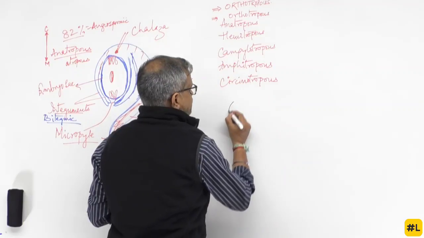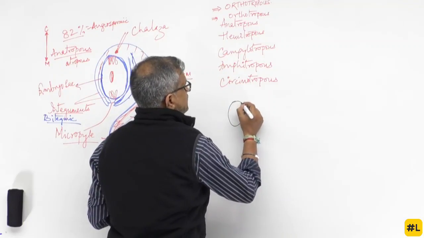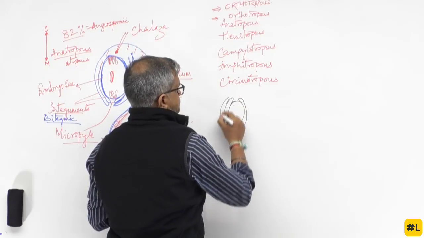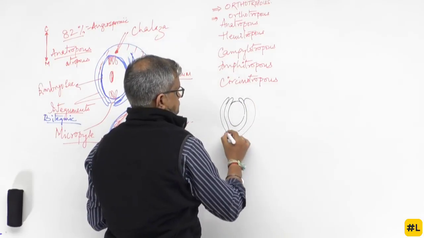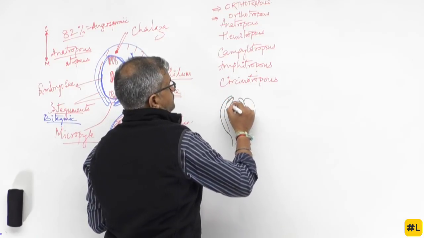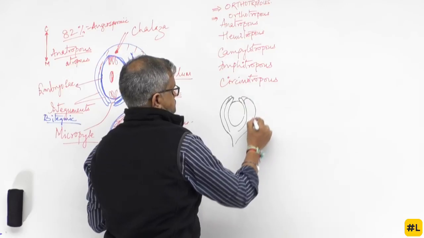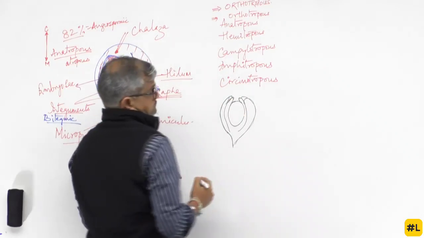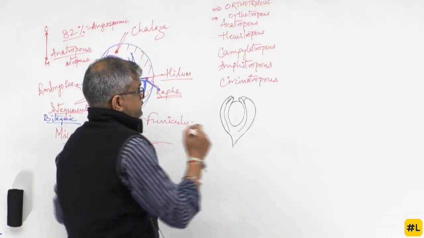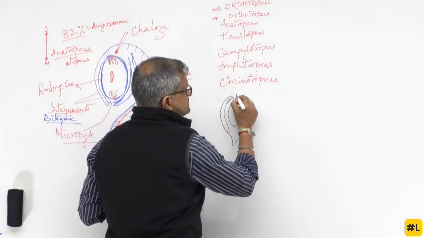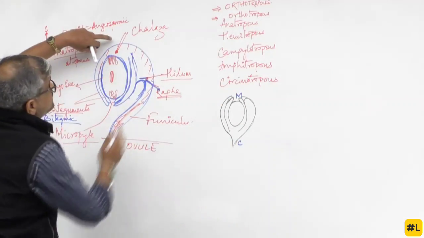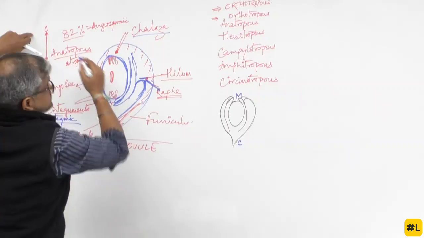I'll just make one for you. Remaining you have to imagine, okay? If you see this structure, ortho means this is micropyle, this is chalaza. Here you see chalaza is opposite.